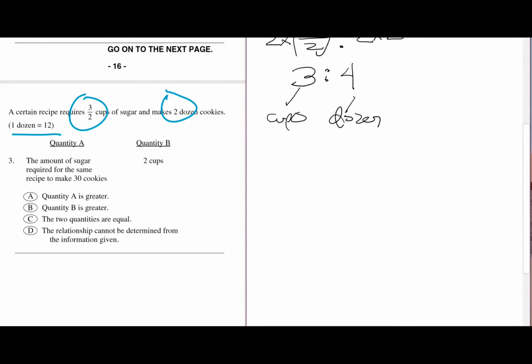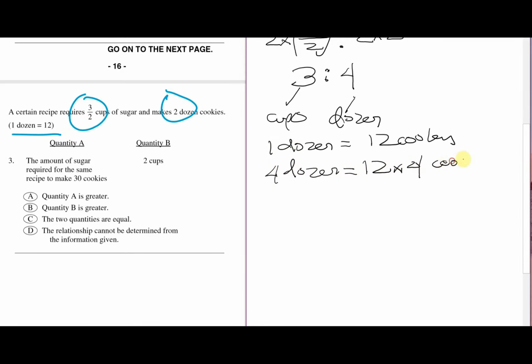Given this information, we know that 1 dozen equals 12 cookies. So this is 4 dozen, right? So we know that 4 dozen equals 12 times 4 cookies, or 48 cookies.